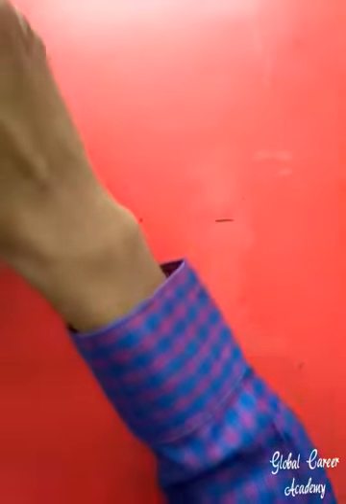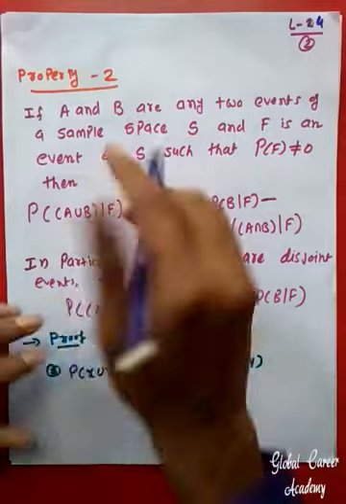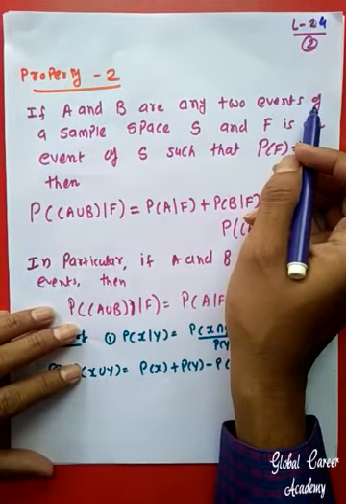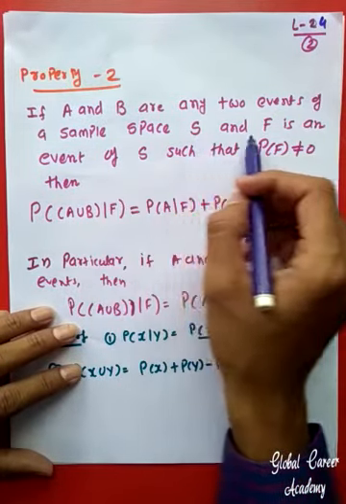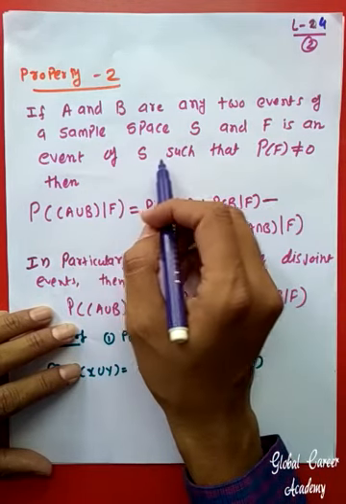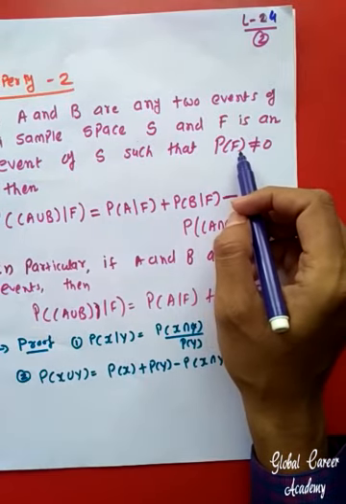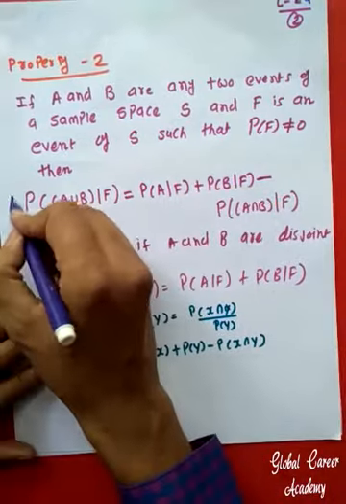Now let us discuss the second property. In the second property, if A and B are any two events of a sample space S, and F is an event of S such that P of F is not equal to 0, then you have to prove this.